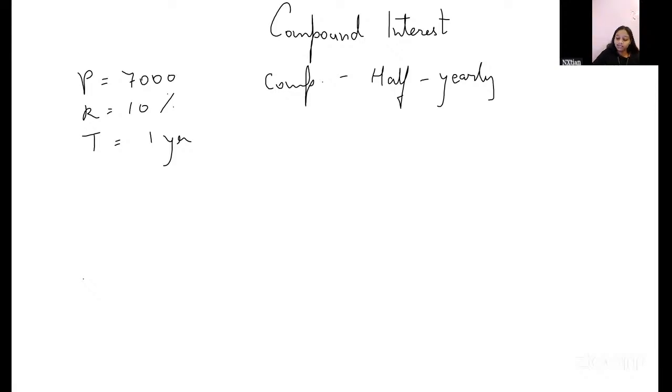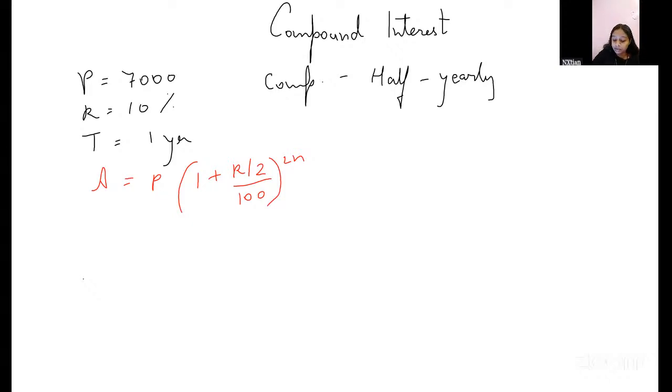Formula for that, amount equals to principal into 1 plus R by 2 by 100 raised to the power 2n. Why? Because compounding is being done half yearly.